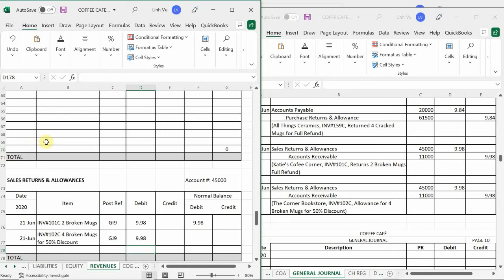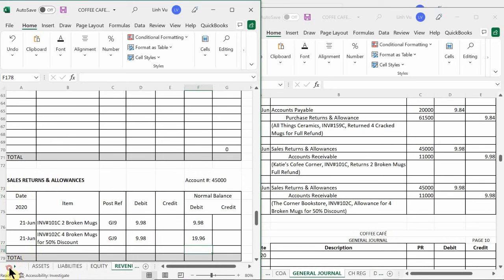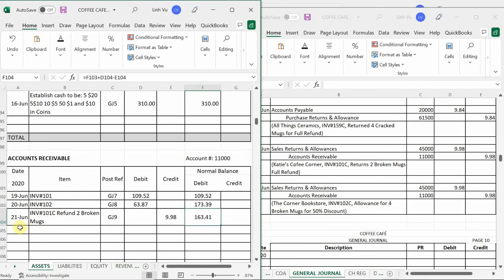So in grand total, what is the total amount of sales returns and allowances? $19.96. Last but not least, we also need to adjust our accounts receivable.